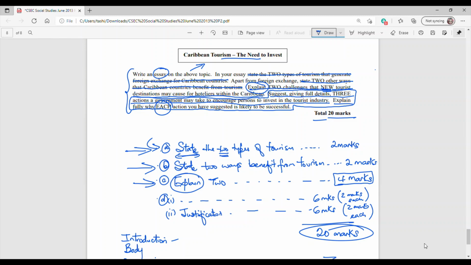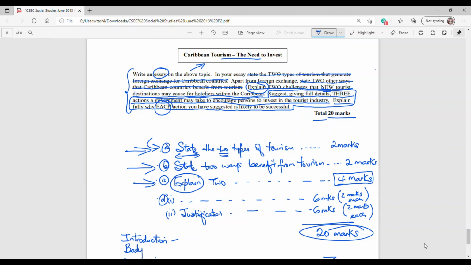To keep on track though, I would prefer if my students do action and then justification at the same time. So it ties into each other. It is easier for you to just write it straight away that particular way.